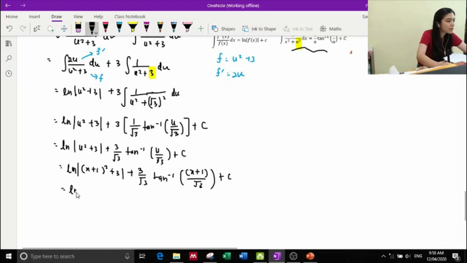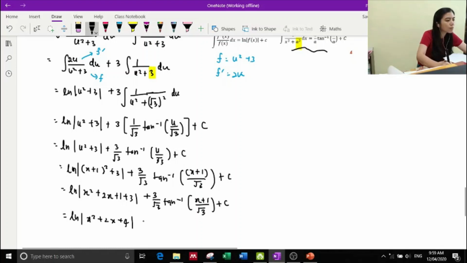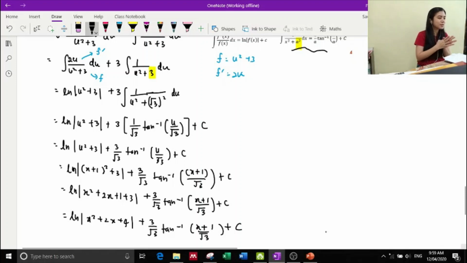For the ln, we can expand it: we have x squared plus 2x plus 1 plus 3, and this one will be the same. So we have the answer x squared plus 2x plus 4. Yep, we are done with this example.